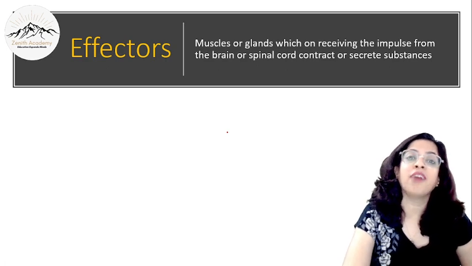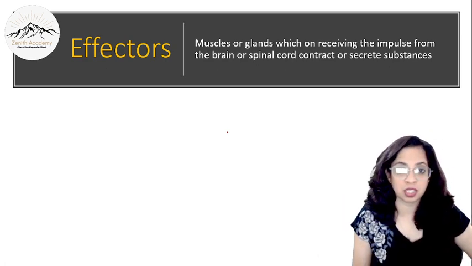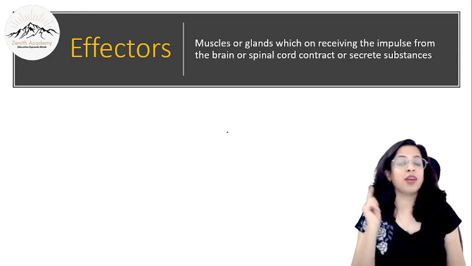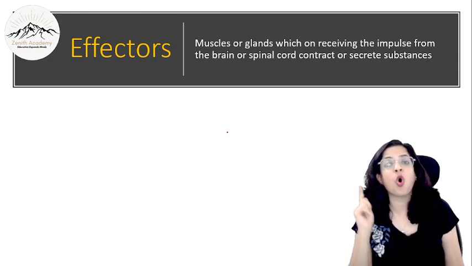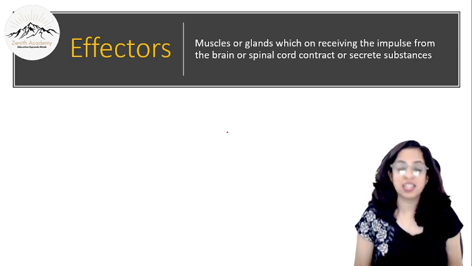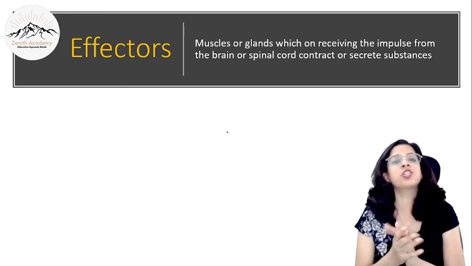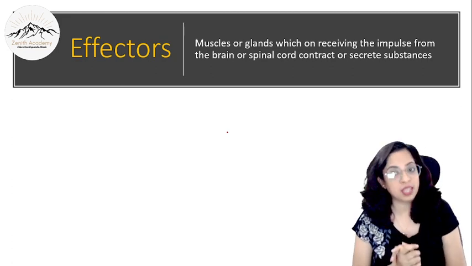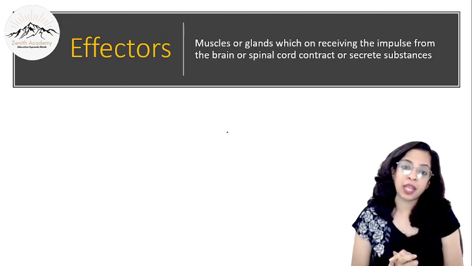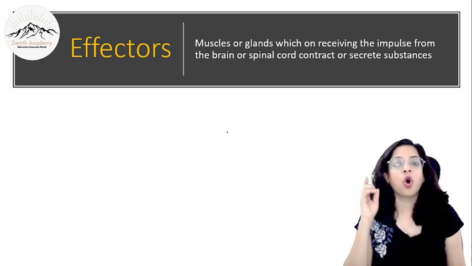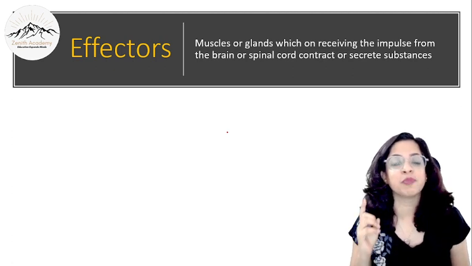Now what are effectors? जहाँ पे effect पता चलता है. Effectors are most of the time muscles or the glands in our body. The muscles or glands which on receiving the impulse from the brain or the spinal cord contract or secrete substances.